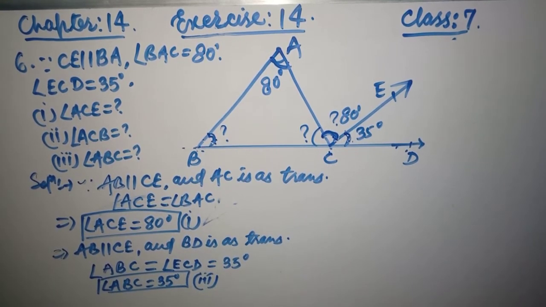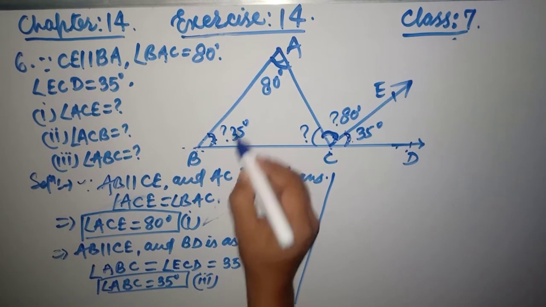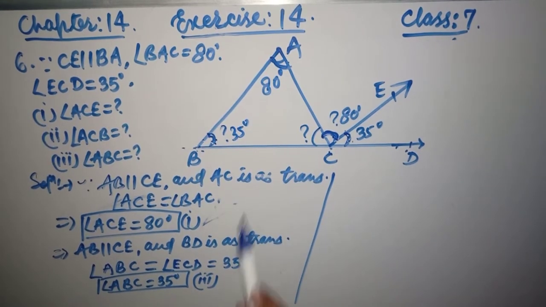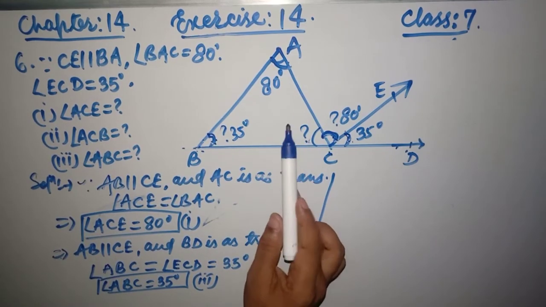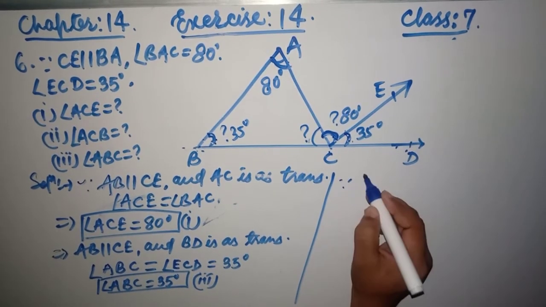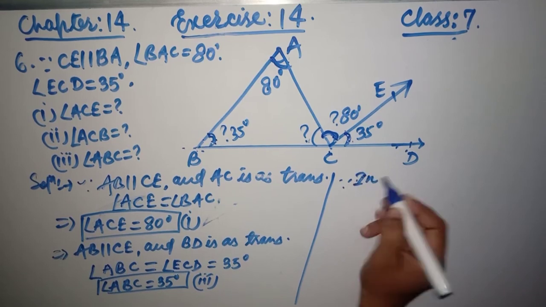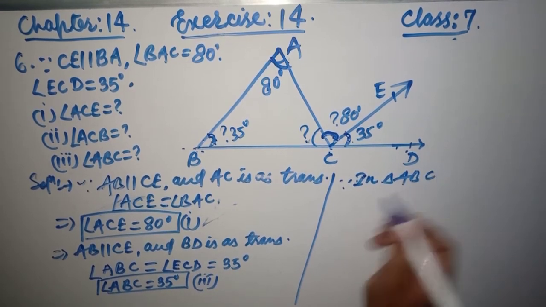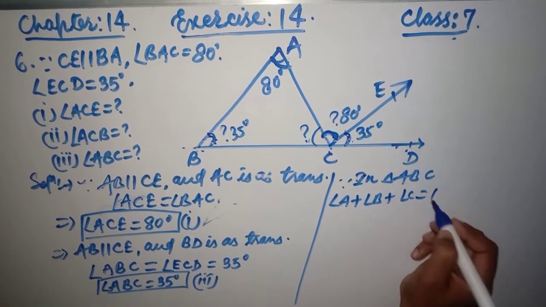Now the last one friends, have a look. This is 35 degrees. We can easily find this angle, because in triangle ABC the sum of the three angles is 180 degrees, or else we can use the linear pair. Now friends, in triangle ABC, angle A plus angle B plus angle C is equal to 180 degrees.